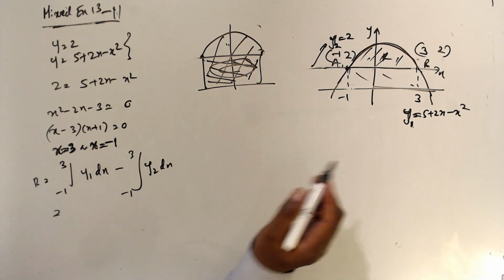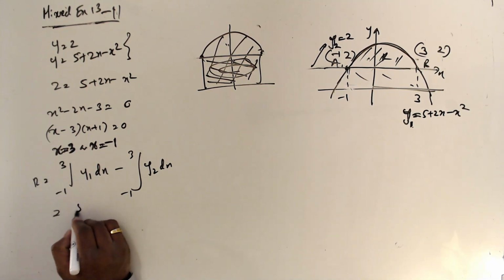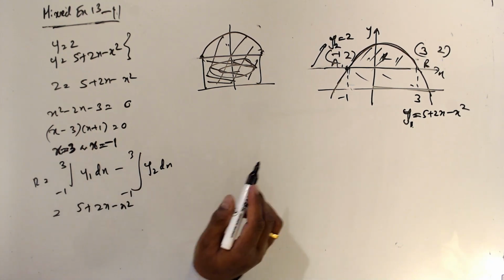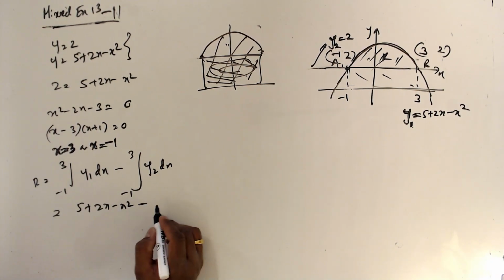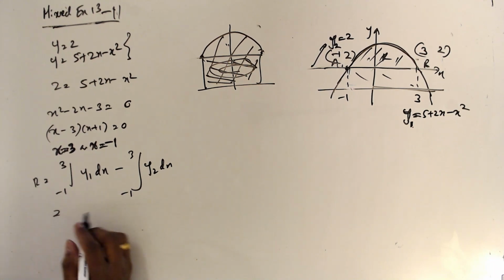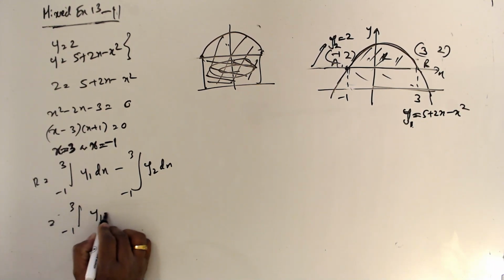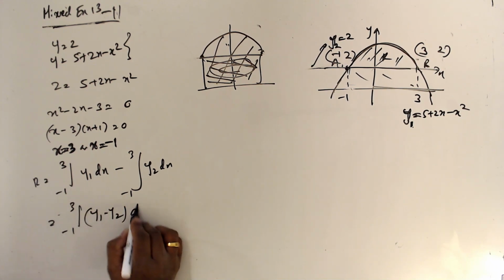Now what is y1? y1 equals 5 plus 2x minus x squared, and y2 equals 2. Okay, we'll write in short form, the integral from minus 1 to 3 of y1 minus y2 dx.